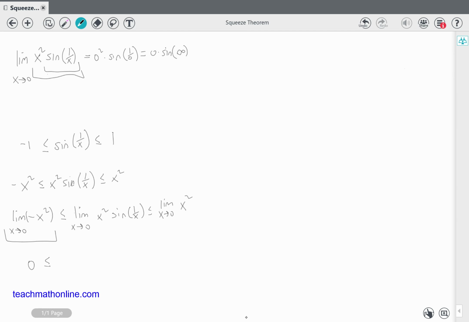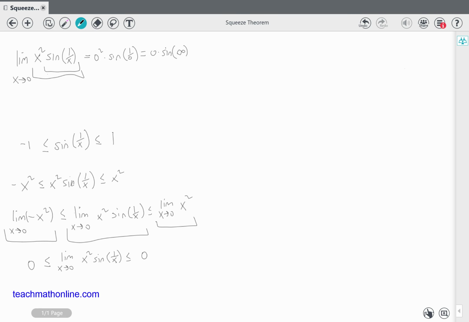We still don't quite know what the middle one is because this is our original problem. So we'll rewrite that: the limit as x approaches 0 of x squared times the sine of 1 over x. And we can evaluate the other side. When we plug in 0, we get 0 squared, so that's also going to be 0.